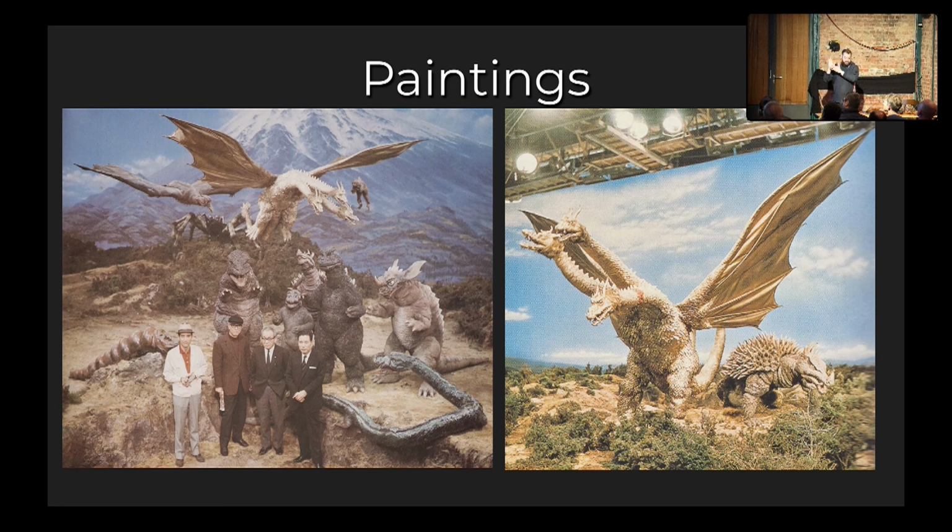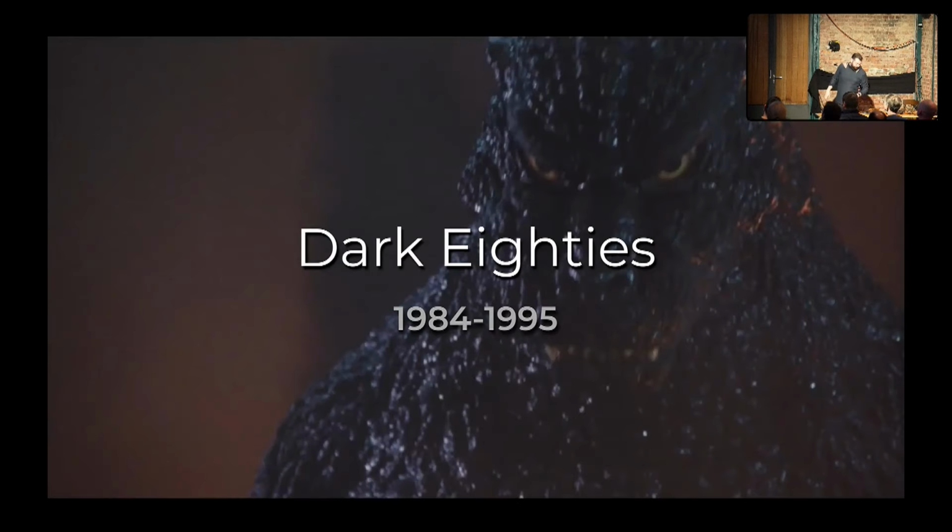Then from the mid-70s onward, there was a really sad time of about 10 years where no Godzilla movies were released. Up until the mid-80s, where the studios thought, well, let's do a reboot. And now we have a new generation of filmmakers, and they were quite nostalgic for the 1950s Godzilla movies.